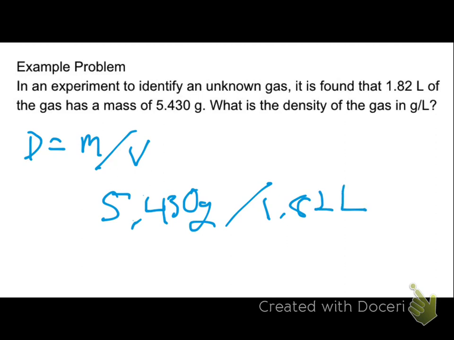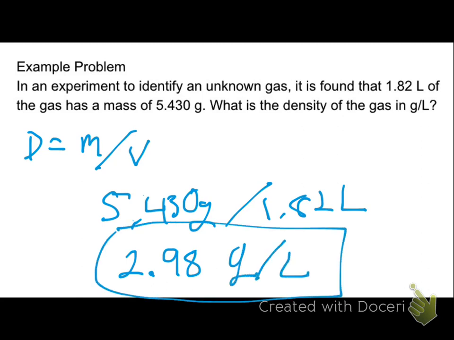When we do that on a calculator, what do we come up with? 2.98. We'll go ahead and round to 2.98 for now. And we will call that grams per liter because that's the unit they told us to leave it in. You can see that right here, right? Grams per liter. That's where you found your unit there.